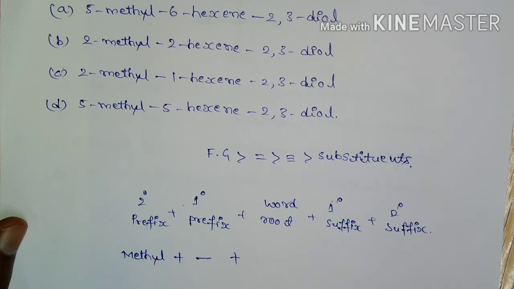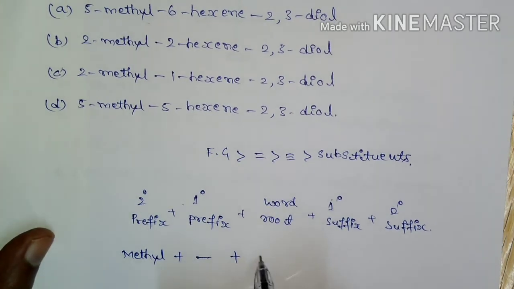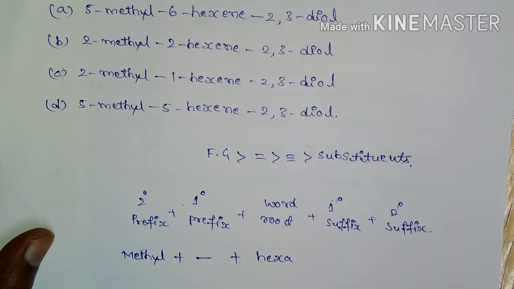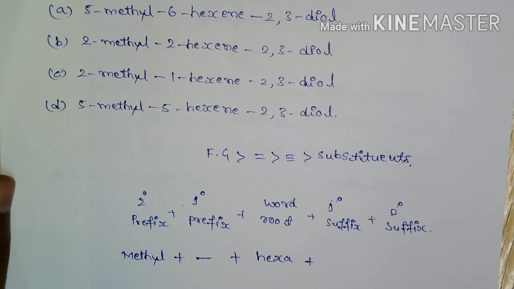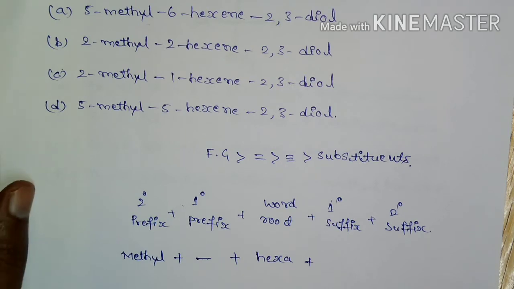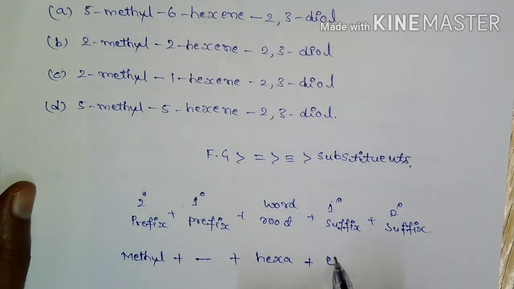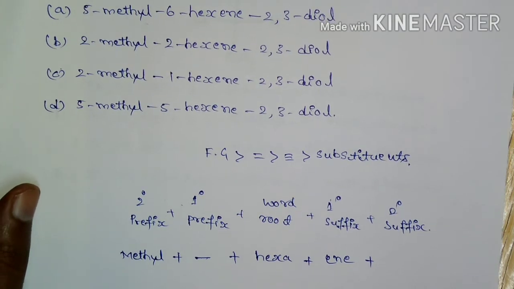If you come to the word root, here it is 6, so we can have hex plus. Primary suffix, what information it is going to give is whether it is a carbon-carbon single bond, double bond, or triple bond. Since it is going to have a double bond, we can have ene. And secondary suffix is for the functional group.